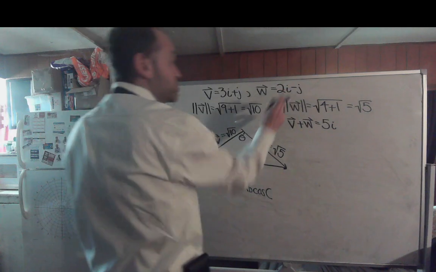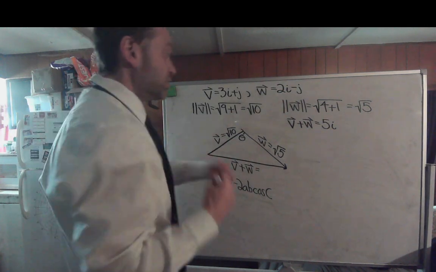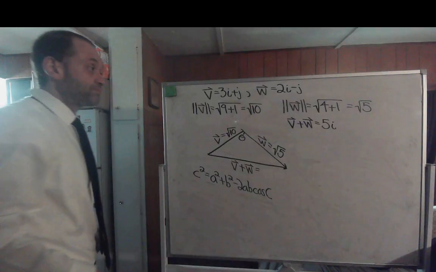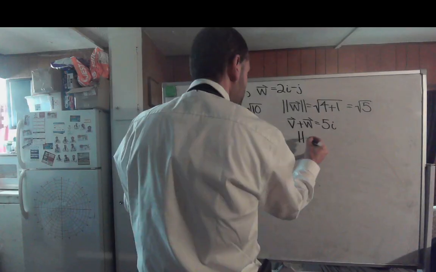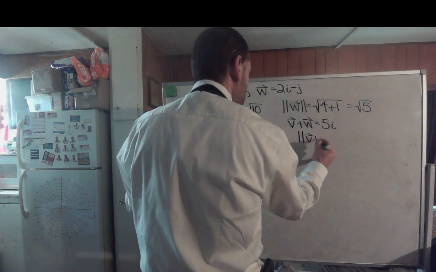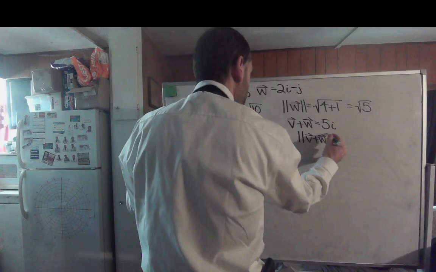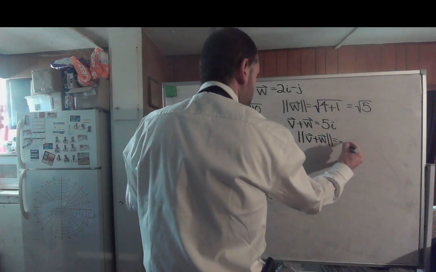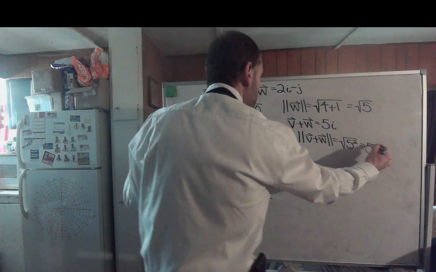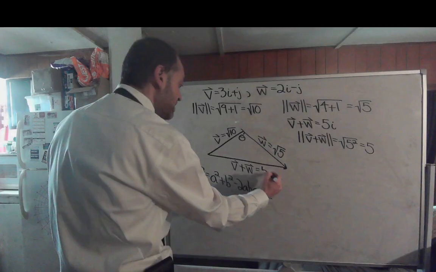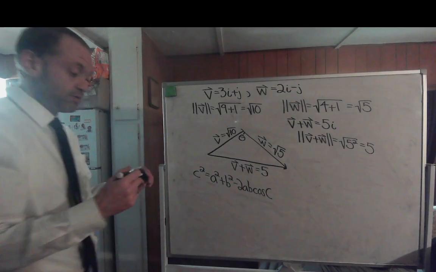Then j minus j, that's 0. You'll literally just get 5i. So the magnitude of v plus w is going to equal the square root of 5 squared, which is simply 5. So you actually get the whole number 5 for the magnitude of v plus w.